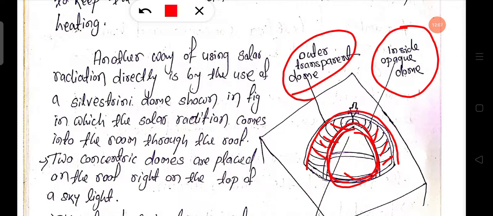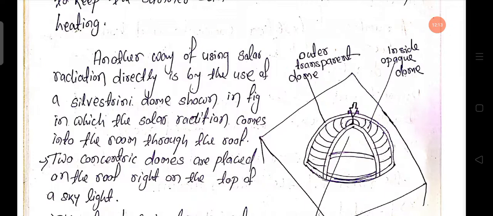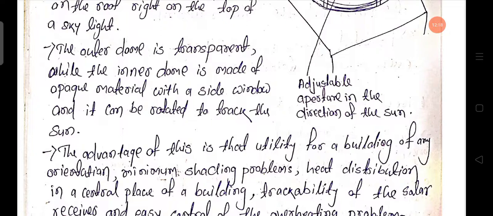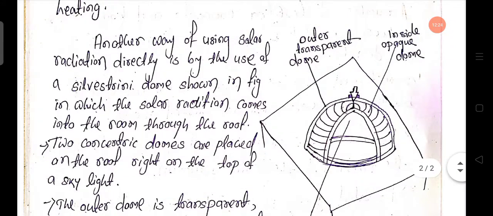Similarly, likewise in the previous concept, here also solar rays are transmitted through the transparent outer layer, going through the window to the room and capturing the heat inside.